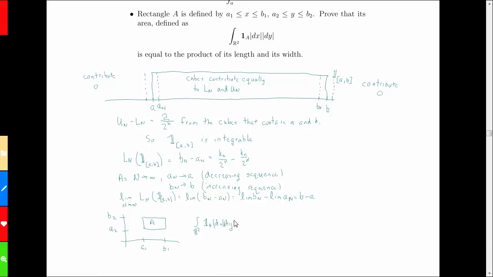And the integral is equal to the product of the indicator function for the interval from a1 to b1 along x times the indicator function for the interval from a2 to b2 along y, which, by virtue of what we proved at the top of the page, is b1 minus a1 times b2 minus a2.